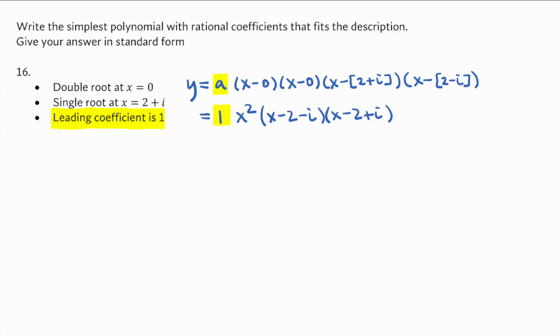And I'm going to get to multiplying. So I'm going to go off to the side and make a box. I need to be super careful about space. x minus 2 minus i multiplied by x minus 2 plus i.